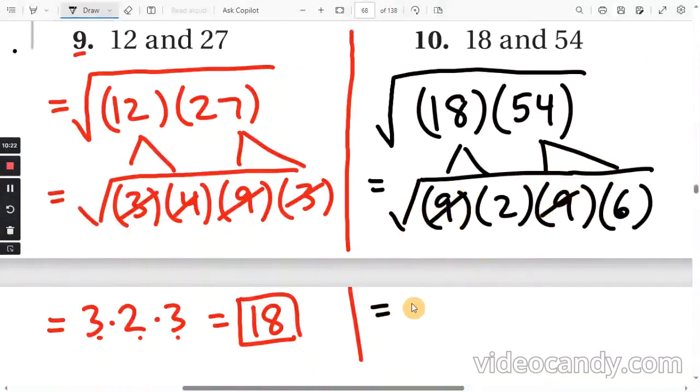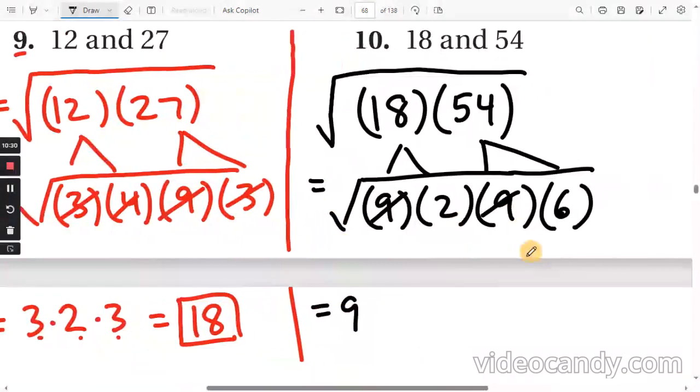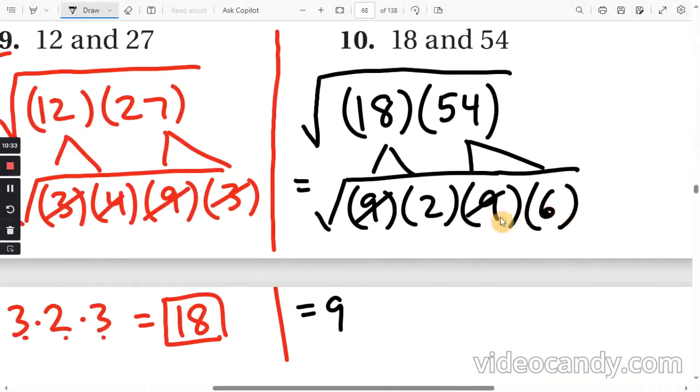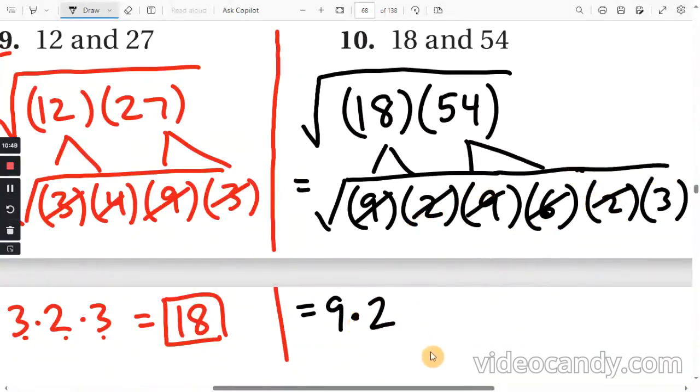Cancel 2 of them and bring one of them outside of the square root. We have 2 times 6. Maybe we can break up the 6. 2 is already a prime, but 6 is the same as 2 times 3. Now we have a repeat, 2 times 2. Cancel 2 of them and bring one of them outside of the square root. The only thing left under the square root is just a 3. 9 times 2 is 18, radical 3.